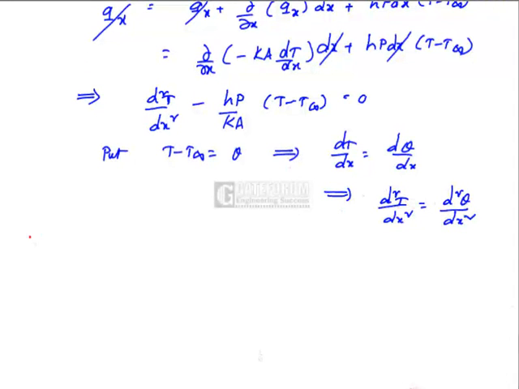Substituting these in the above differential equation, we get d square theta by dx square minus hP by kA into theta is equal to 0. This is the standard form of the differential equation.